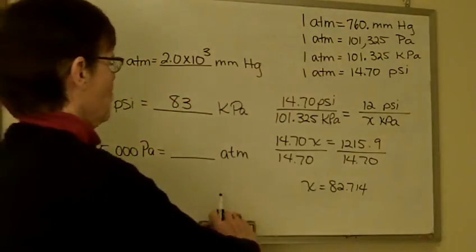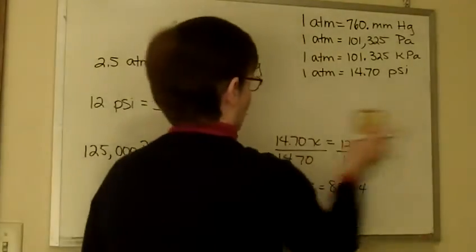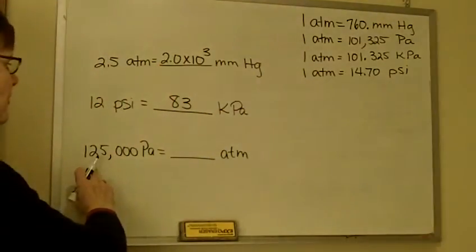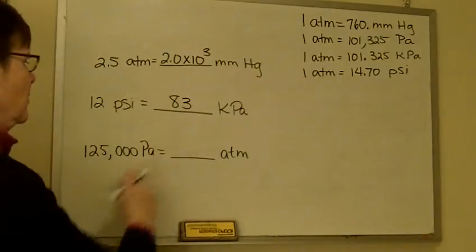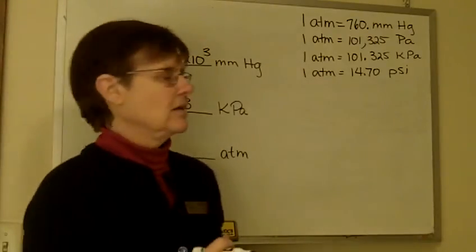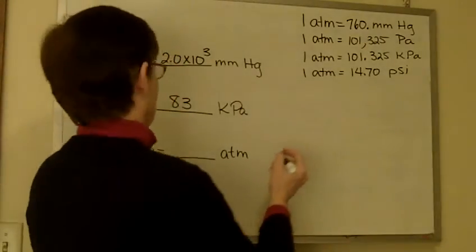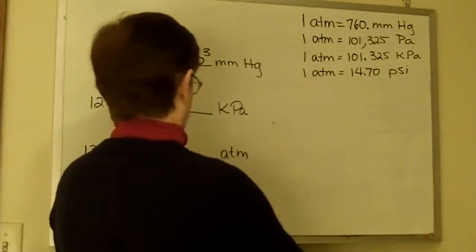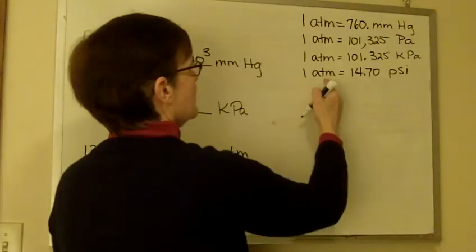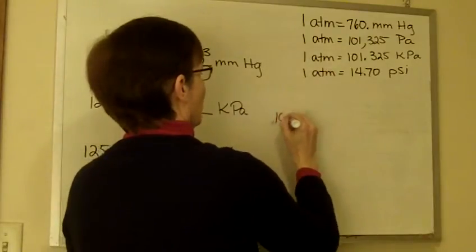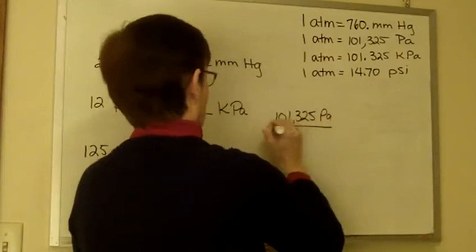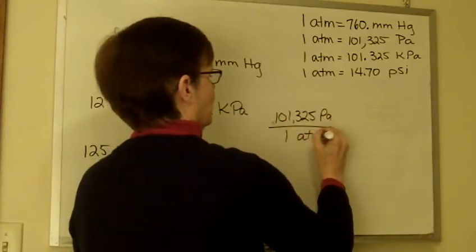All right, let's do one more. So down here I've got 125,000 pascals, and I want to convert that into atmospheres. So I'm going to go over here and get my numbers. So pascals is 101,325, and 1 atmosphere.